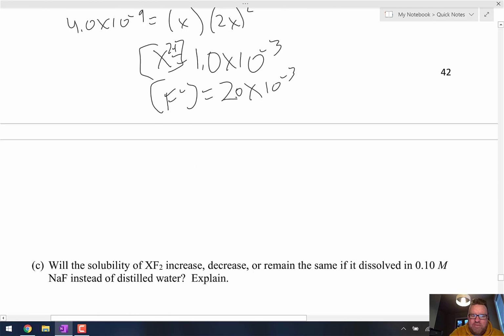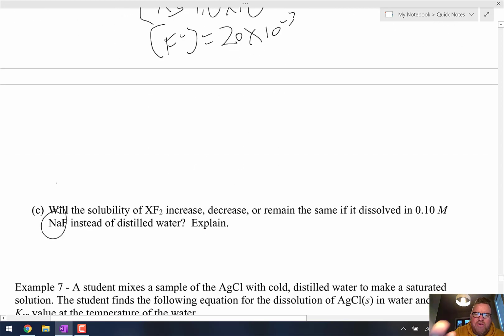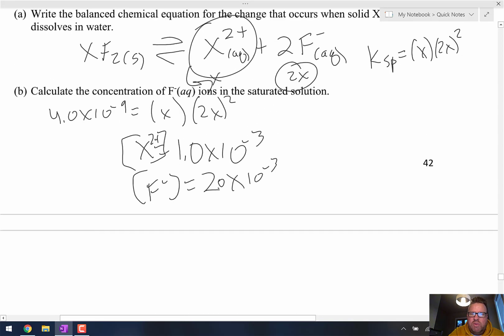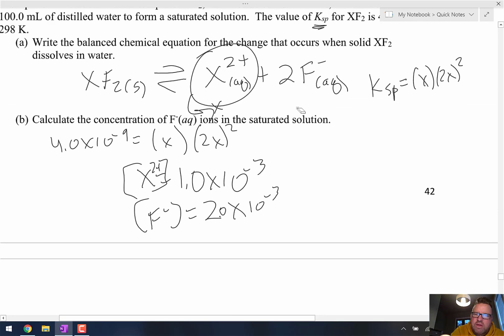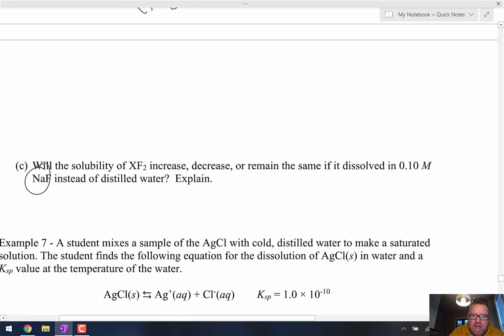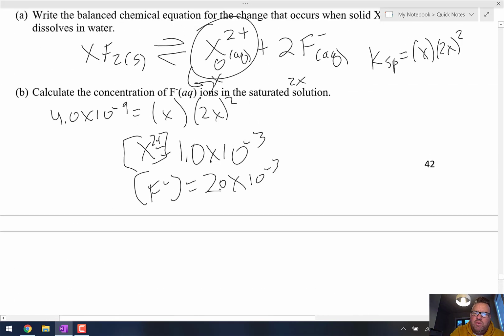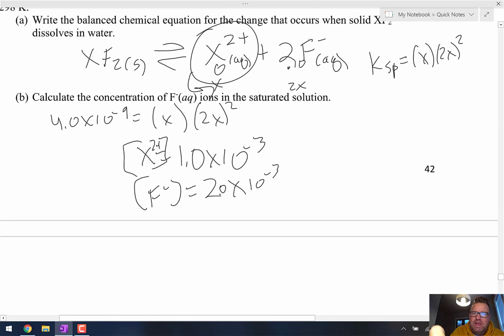Notice that it says NaF instead of distilled water, which means that instead of X and 2X, this one would start at 0, and this one would start at that 0.10. So we would have 0.10 here, and then again X, 2X, so this would be 0.10 plus 2X.